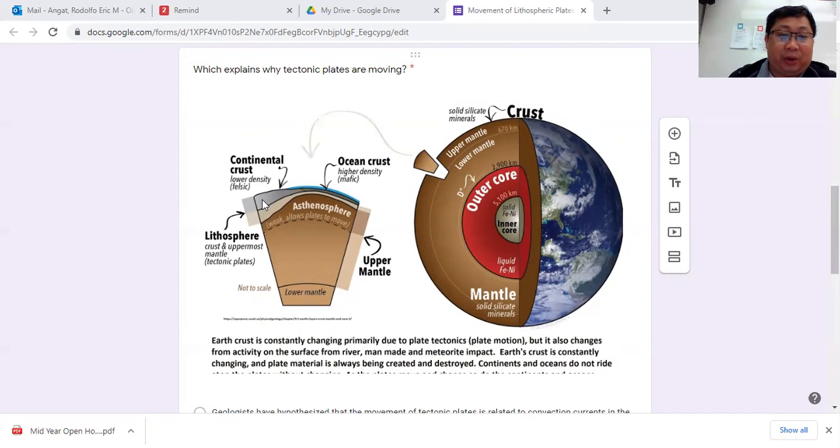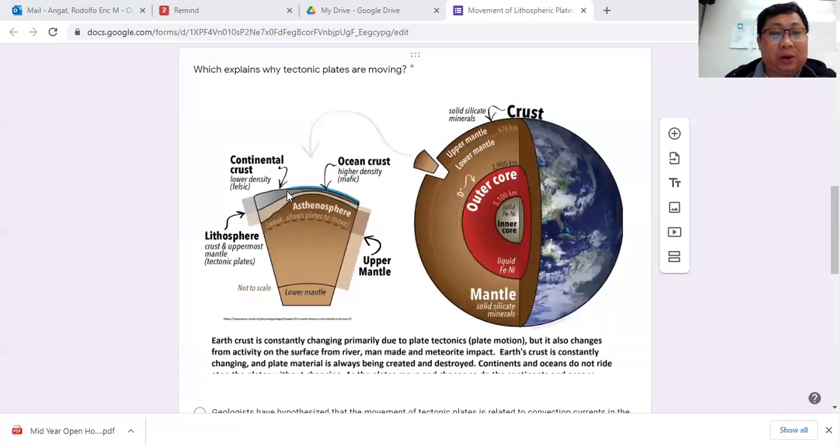During the time of Alfred Wegener, he proposed the continental drift theory, and he explained that continents are drifting apart. They're moving apart. He used evidences like similarities in rocks and fossils in the edges of the continents and many other evidences that he presented.